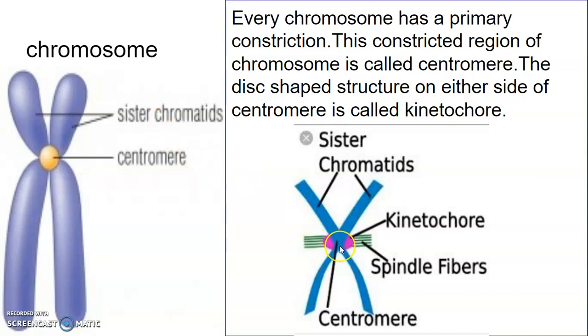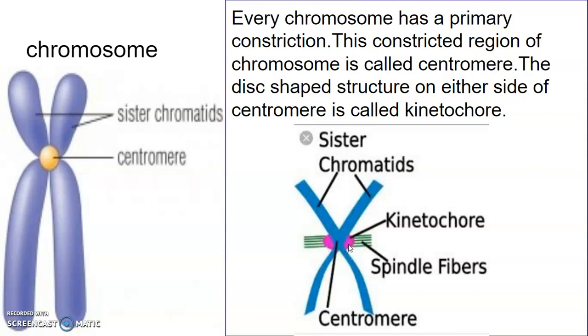Now in this picture we can see this part shows the centromere. On either side of the centromere you can see a pink colored disc-like structure which is called kinetochore. So the primary constriction is called the centromere. On either side of the centromere, the disc-like structures are called kinetochore.